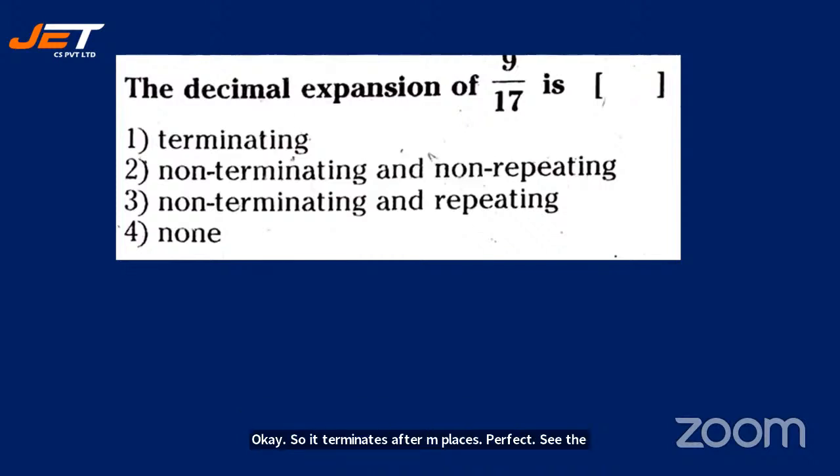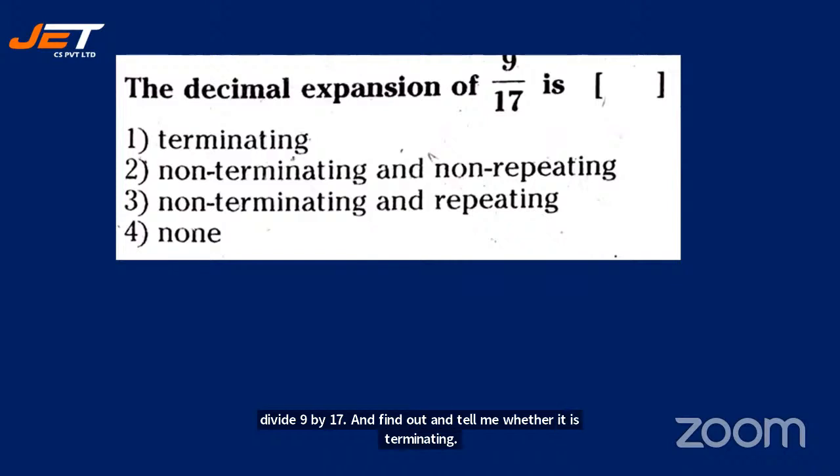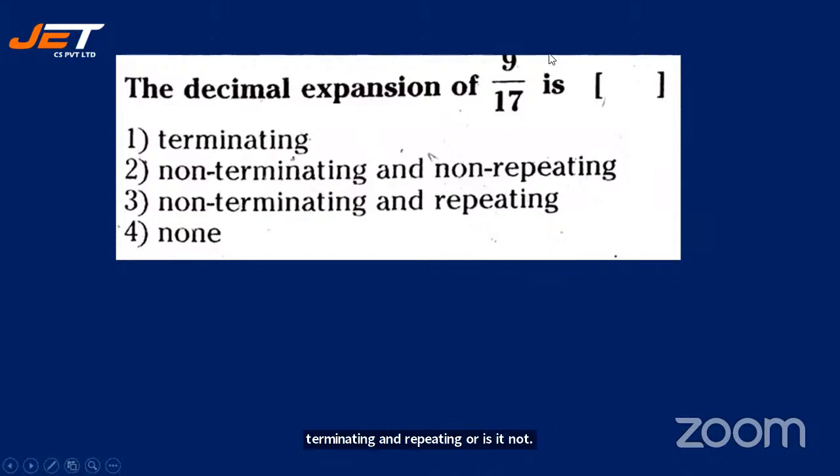The decimal expansion of 9 by 17 is dash. So you have to divide 9 by 17 and tell me whether it is terminating, non-terminating and non-repeating, or non-terminating and repeating, or none. So this is very simple. I'm sure you all can work out and give me your answer. Is it option 1, 2, 3 or 4?